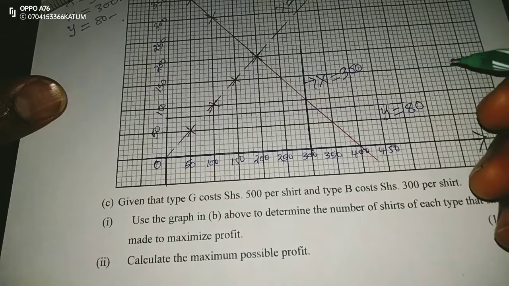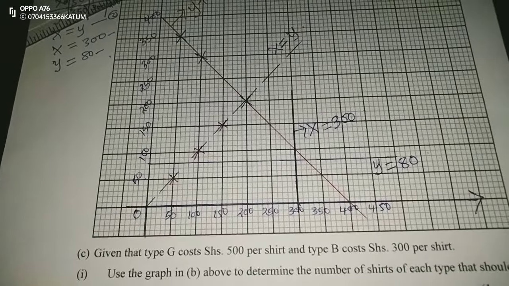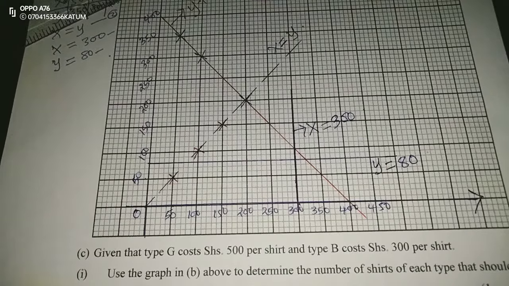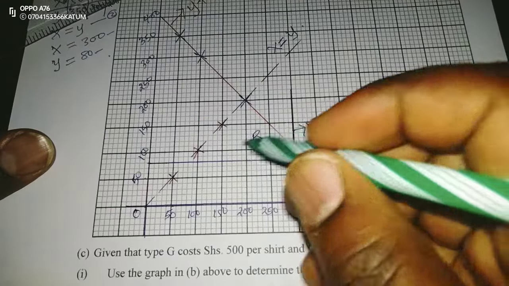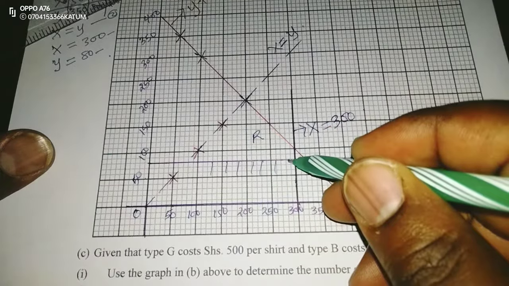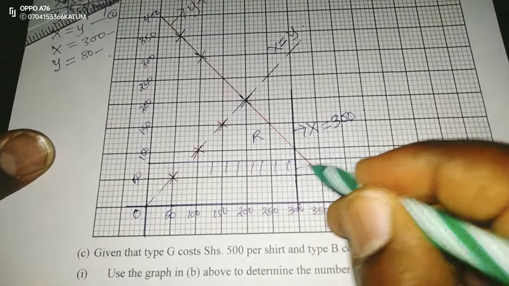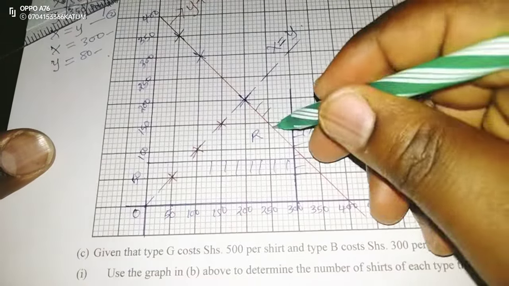So this is y equals 80. Now with all the borderlines, we can see the common region is here because it has been bordered by these lines. So we shade the other sides now. For this one, we are shading this side.